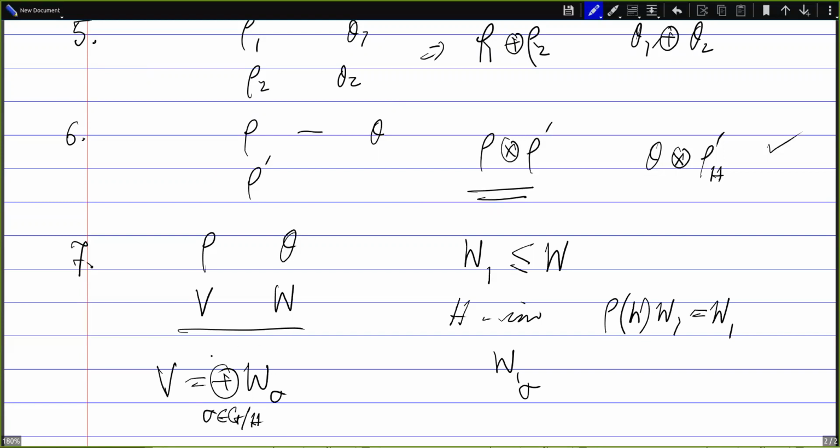Since the sum of W sigmas is direct, so is the sum of W1 sigmas, because if any combination becomes 0, then that sum can be realized as a sum of elements from the bigger space, which individually forces every summand to be 0. And again, from the definition, this is G invariant.